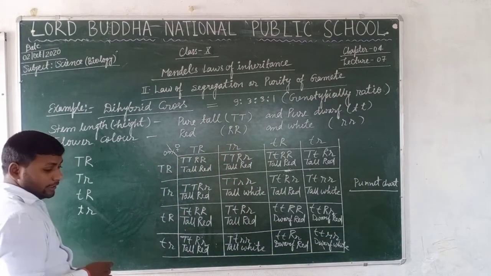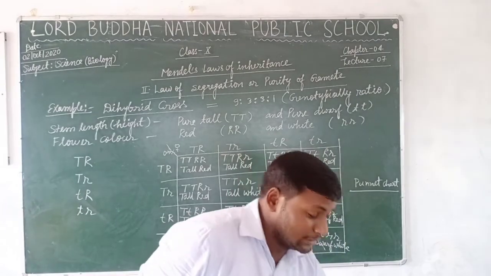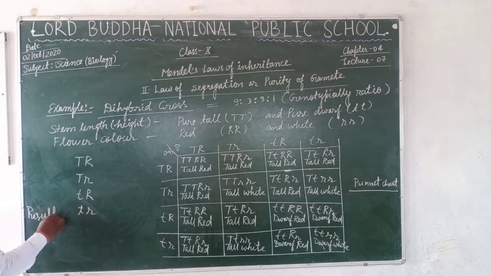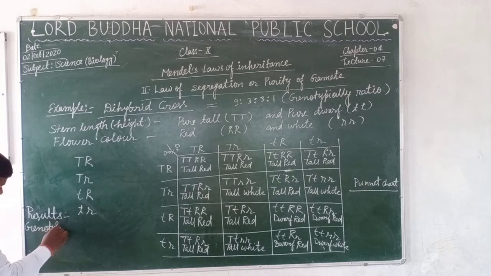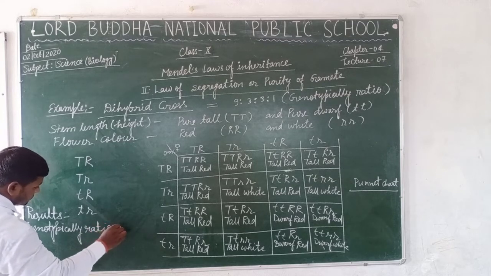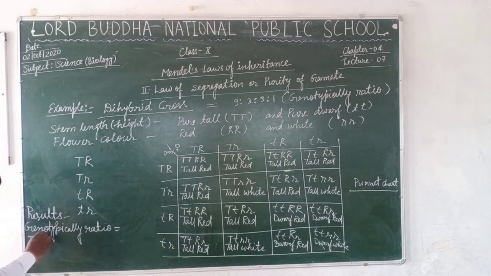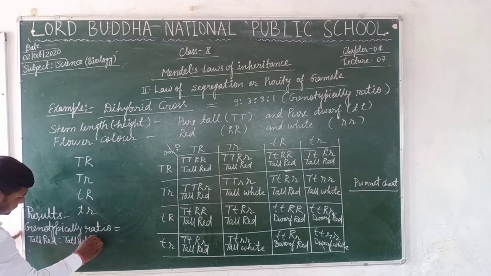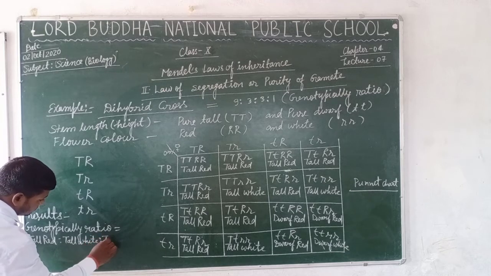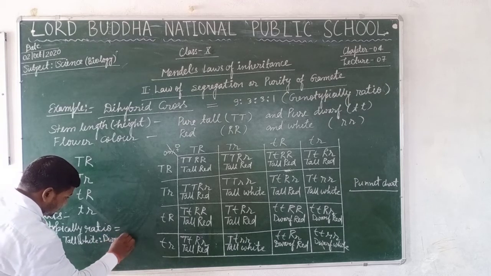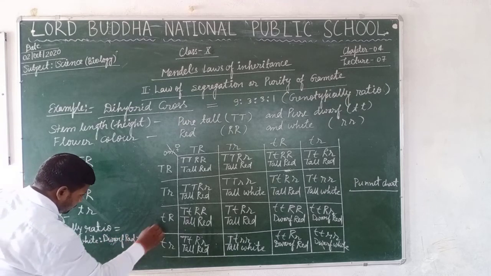Now students, we are going to calculate the phenotypic ratio: tall red, tall white, dwarf red, dwarf white.